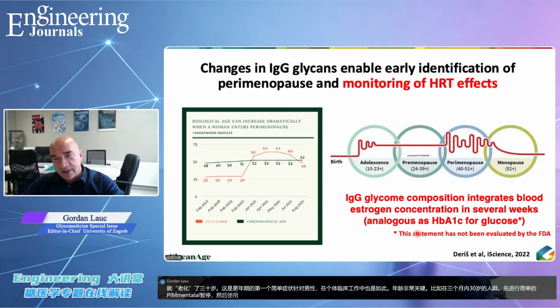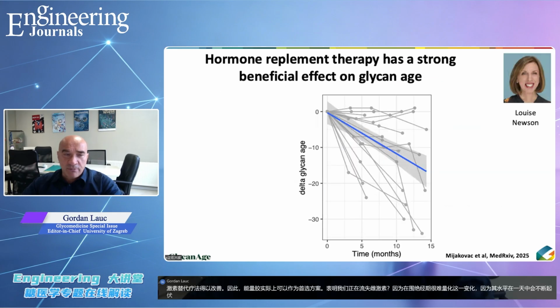So the IgG glycome can be used as a first indicator that we are losing estrogen, because this is not easy to quantify in perimenopause, as it goes up and down within the day. We also recently published a first study showing that HRT works, again, in the majority of women, and some women did not respond, so they had to see what the problem was.